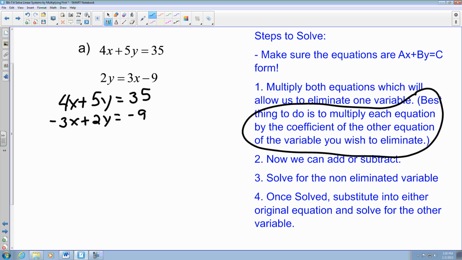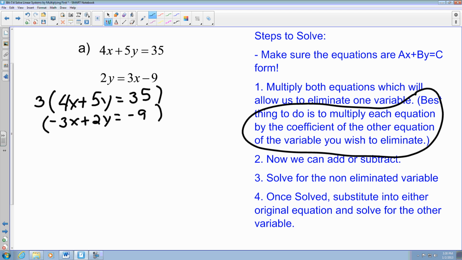the x value. So if I've chosen to eliminate the x value, then I have to multiply by the coefficient of the other equation. The coefficient of the other equation that's attached to x is a negative 3, so we'll just multiply by 3.